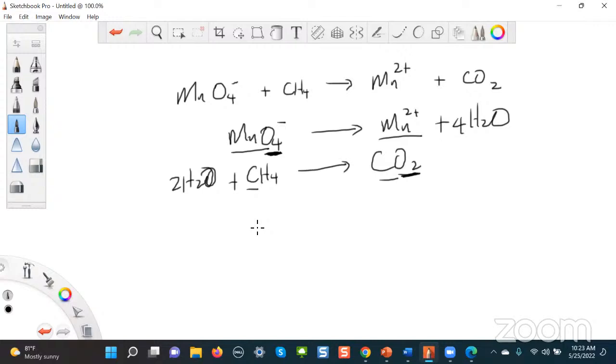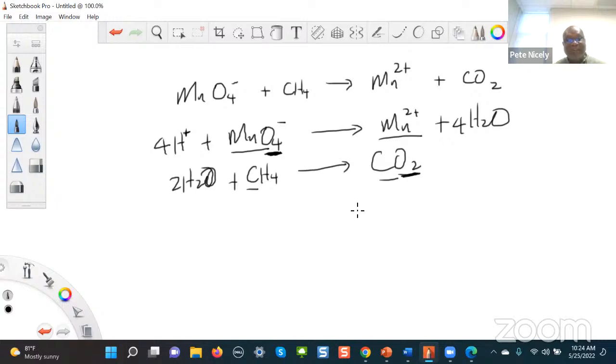Balance the hydrogens. Okay, very good. And how do we do that? You'd add 4 hydrogens to the left side. Well, more specifically, you're talking about the first half equation, right? So you're adding 4 hydrogen ions. So remember, it's hydrogen ions that you're adding, all right? But you're right, you're going to add them to the left side.